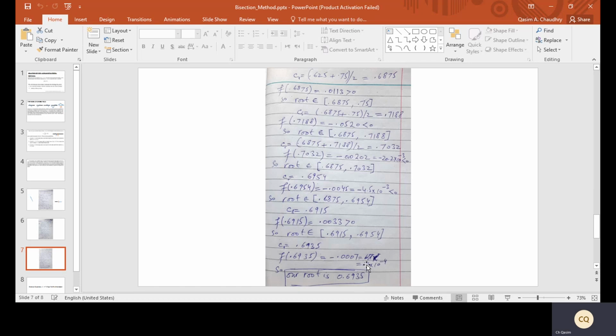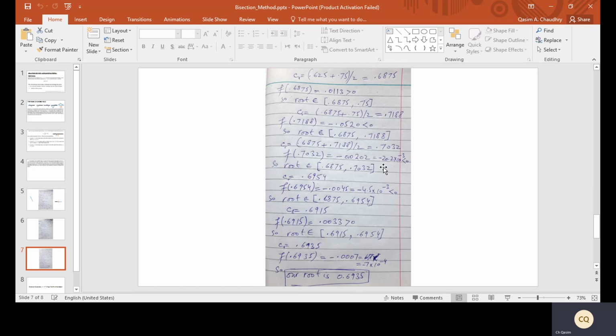So in that case, you have minus 7 into 10 power minus 4. It is less than 10 raised to power minus 3. So it means we have attained the right answer. That's why I was showing you: if the question is that this error should be less than 10 raised to power minus 3, but here it was 20 into 10 to the power minus 3.